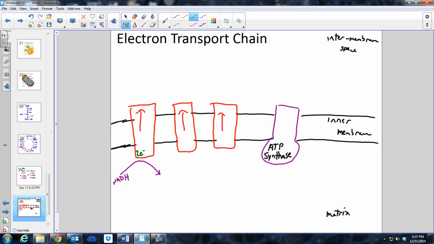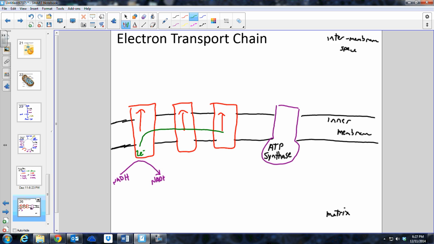and NADH is going to drop them off at one of these proton pumps. It's going to turn back to NAD plus, and it's going to head to the Krebs cycle to pick up more. Now, those 2 electrons are going to travel through these proton pumps. The proton pumps are basically going to be handing these electrons to each other.